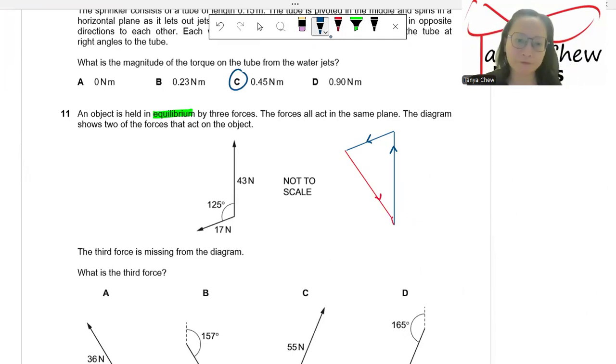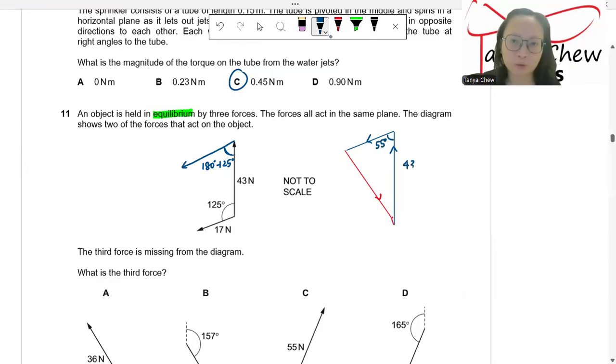So I have the angle here. How do I get this angle between 17 and 43? I'm actually using the parallelogram rule. This angle is calculated from 180 degrees minus 125 degrees. That gives you 55 degrees here.